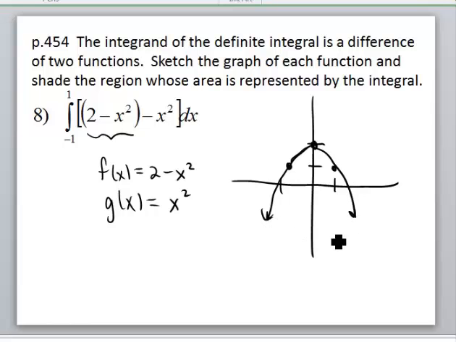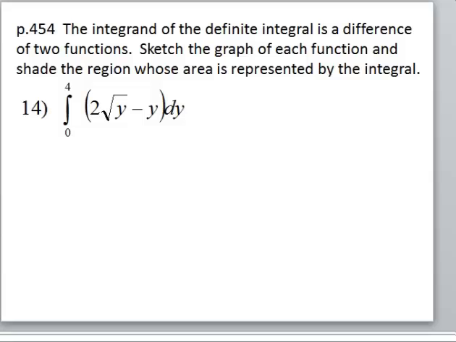My picture is definitely not perfect. Then I have a second parabola. I'll do this one in red. It starts at 0, 0, and it goes up. Here's the region that we would be finding the area of if we were going to solve this integral.